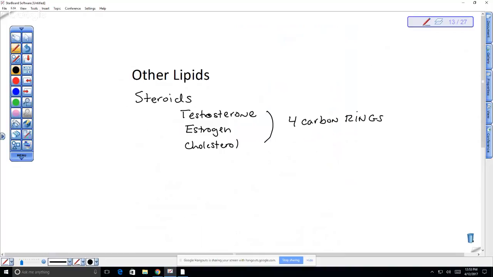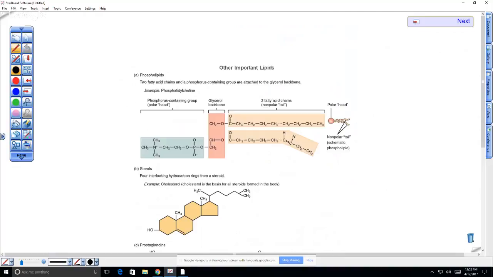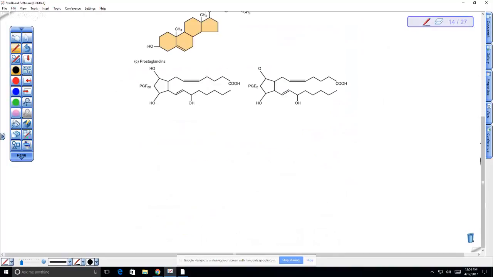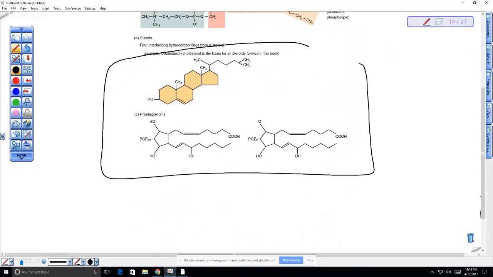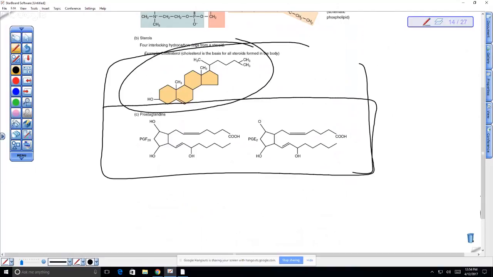Okay. So if we look at a diagram that shows this, right? This is my 4 carbon ring right here. Okay. So actually not that one, this one. So this one right here shows the 4 carbon rings, right? And remember that there is carbon here, it's just not drawn in, right? And that's the characteristic shape.